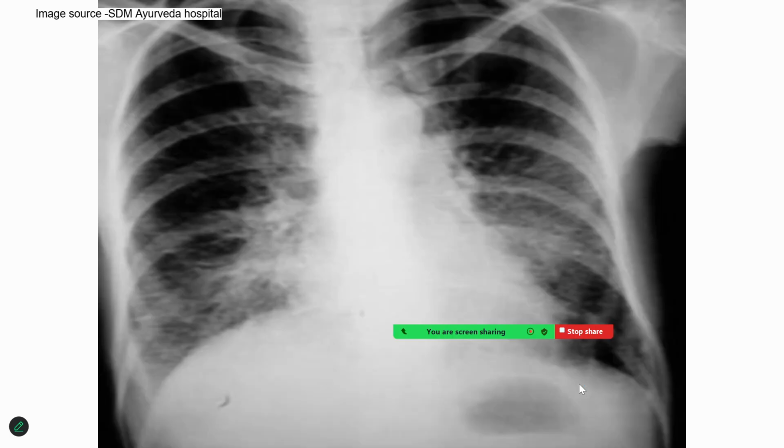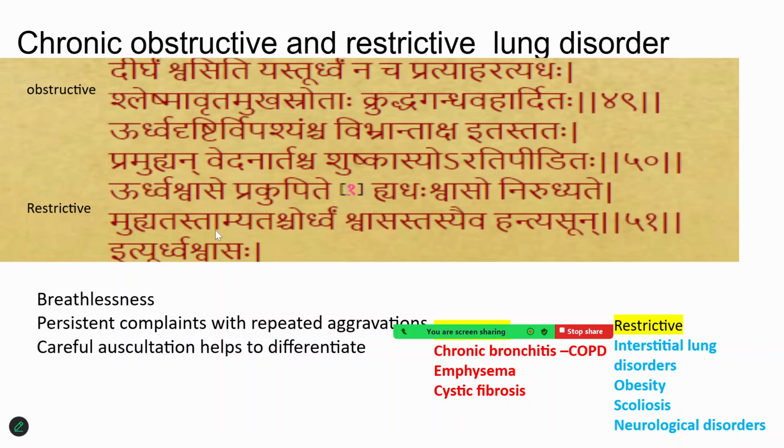That's also a sign of chronic bronchitis. Or chronic bronchitis may present with a patchy lesion, with widespread fibrotic lesions seen in the area also.